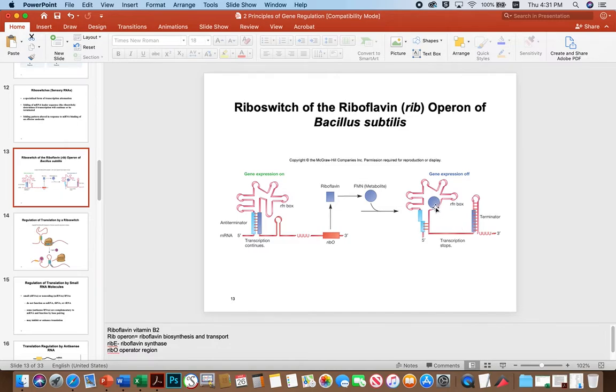So the presence of this flavin mononucleotide tells the cell that there's a lot of riboflavin and that we don't need this operon anymore. And again, I put some notes over here. Riboflavin is vitamin B2. So the cells need vitamin B2 as a cofactor for different enzymes. And flavin mononucleotide is also important in metabolism.